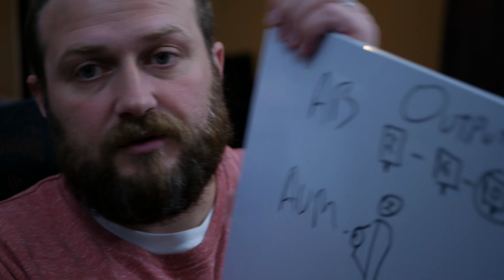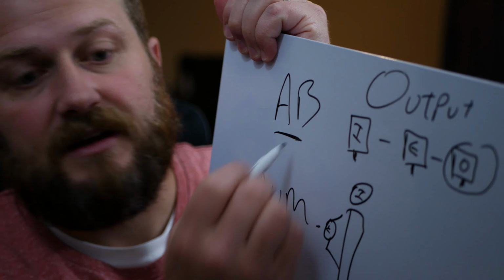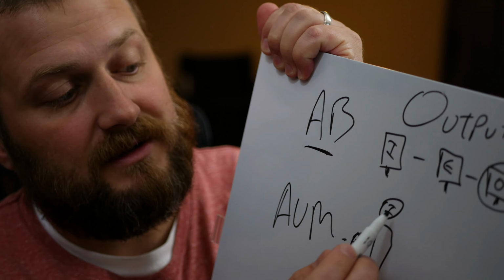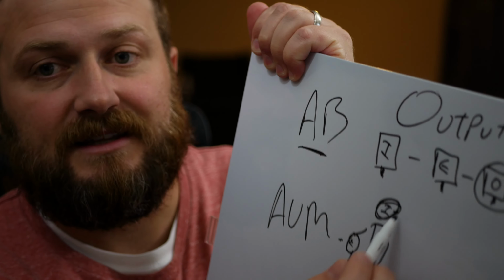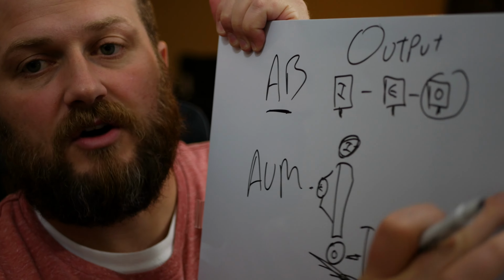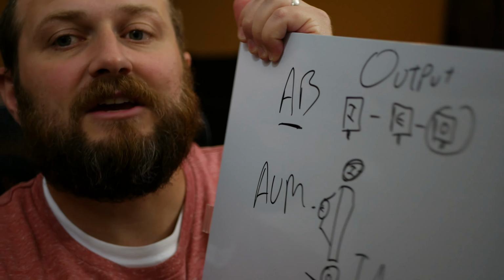Now you can use AudioBus in conjunction with AUM. You could have your loop session going in AudioBus, and then inside of AUM, select AudioBus as the input, and then you can have the host of other things and use AUM as your main mixer hosting app, and use AudioBus as your looping app if you want.